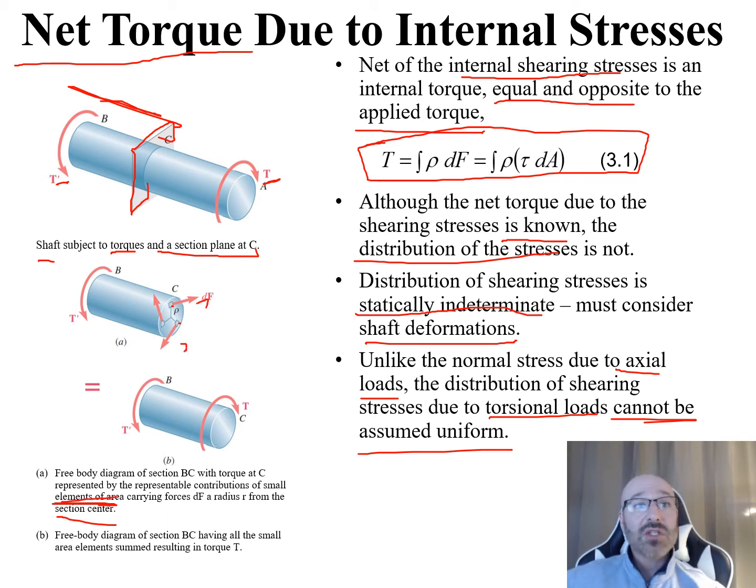So now we've broken this down in the free body diagram and distributed those loads for those internal small elements of area. Now part B down here is a free body diagram of section BC having all the small area elements summed up in a resulting torque. So we've taken all of these small elements, summed them all up, however many there are, and from that we have this equivalent torque right here.